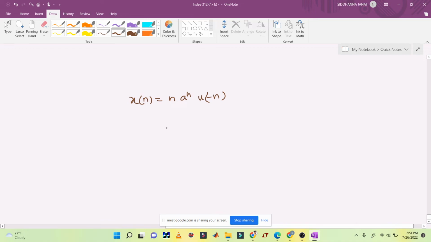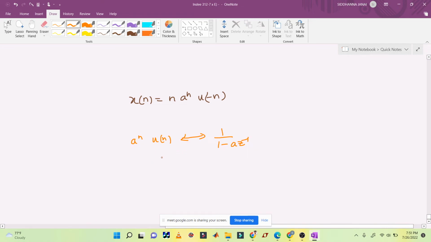First, we could choose this as x1 of n, or you can directly consider it, for those who get confused later. Let me not choose like that. Directly I will write: for a to the power n u of n, what is the z transform? It is 1 divided by 1 minus a into z inverse. It is a standard one. a could be 2, 3, 4, 5, any value.